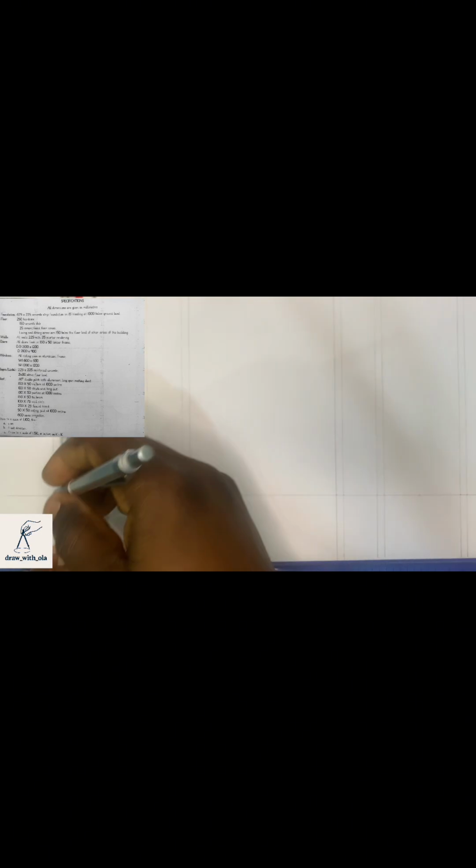So go ahead and mark 1000 below the ground level this way, and project lines as long as possible. That will be where your foundation is going to start from.